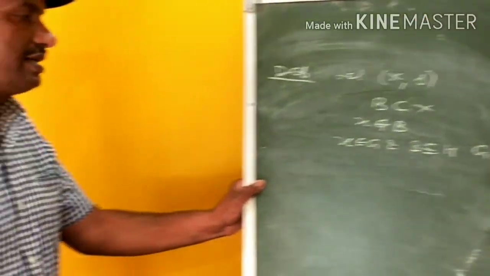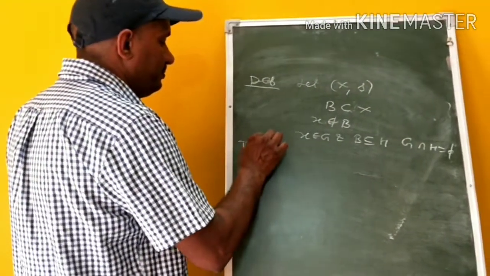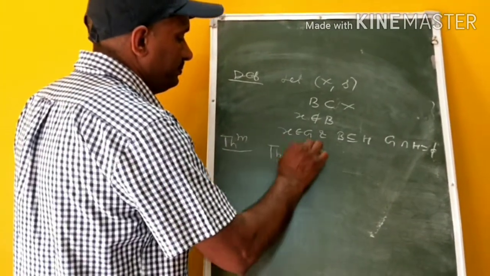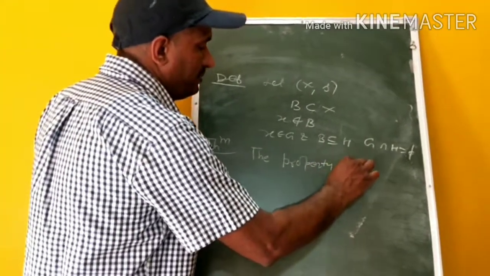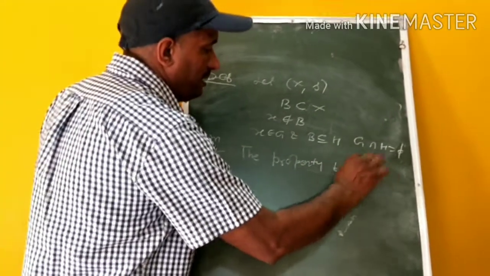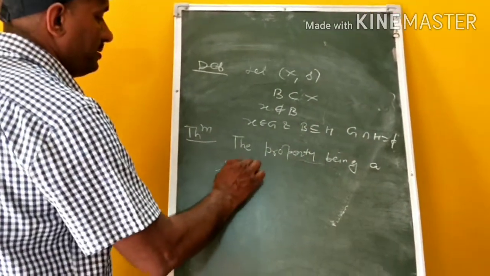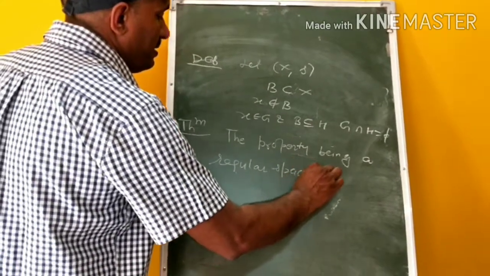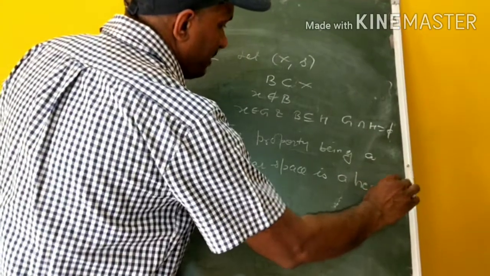Then that space is said to be regular space. Now here the property of being a regular space is a hereditary property.